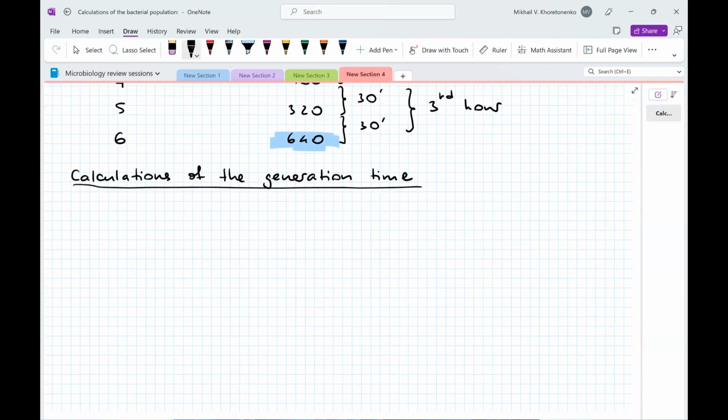Okay, so how do you approach that? Let's say you have some givens. What are you given? You start with 100 cells. You end up with 12,800 cells.